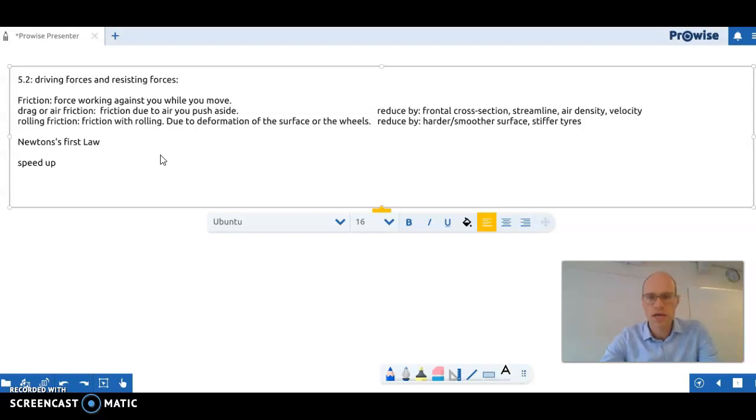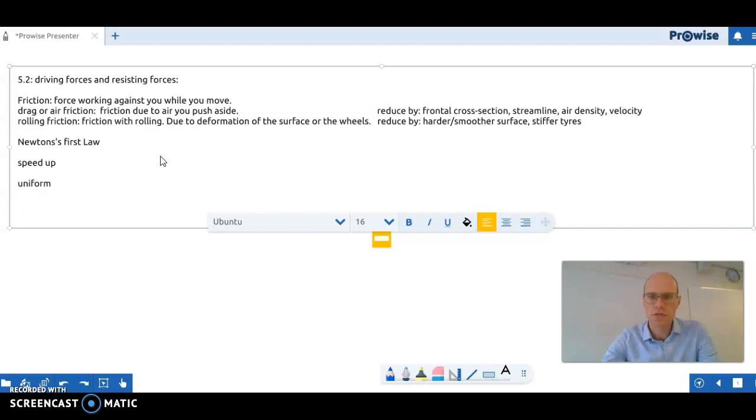The other one is a uniform motion, a constant velocity, a constant speed. That's when you're cycling with the same velocity. And then slowing down. That's, for instance, if you go through the stop sign and you see it is red.